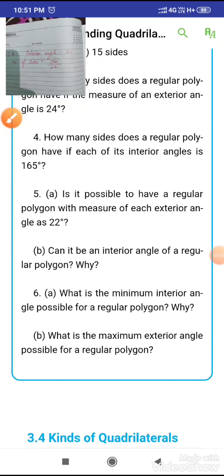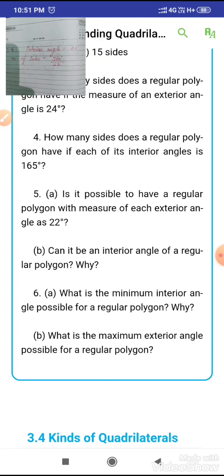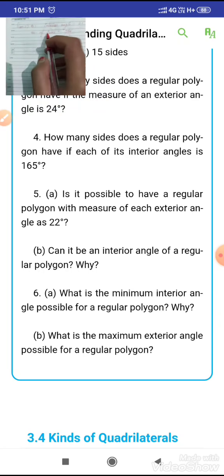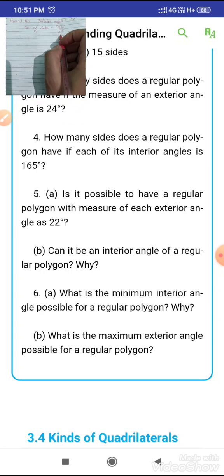In question number 5, the value of the exterior angle is 22 degrees and we have to find whether it is possible to have a regular polygon with this measure. For this we have to find the number of sides, and for the number of sides we apply the formula number of sides is equal to 360 degrees upon the exterior angle.